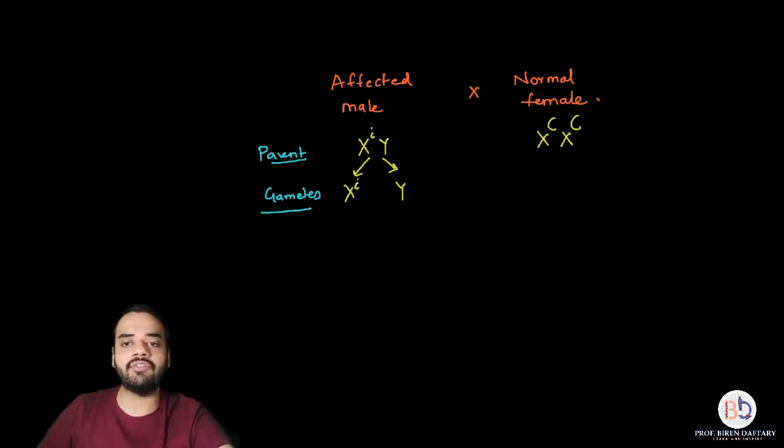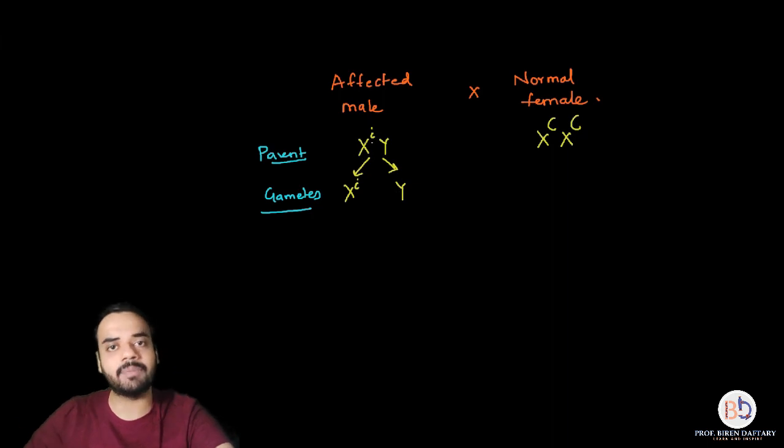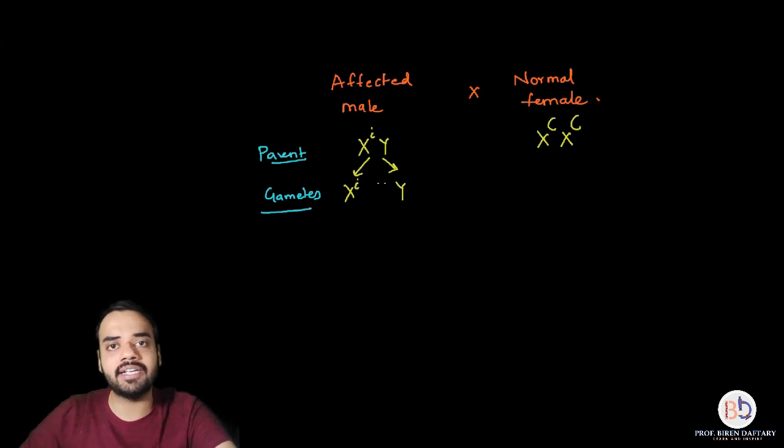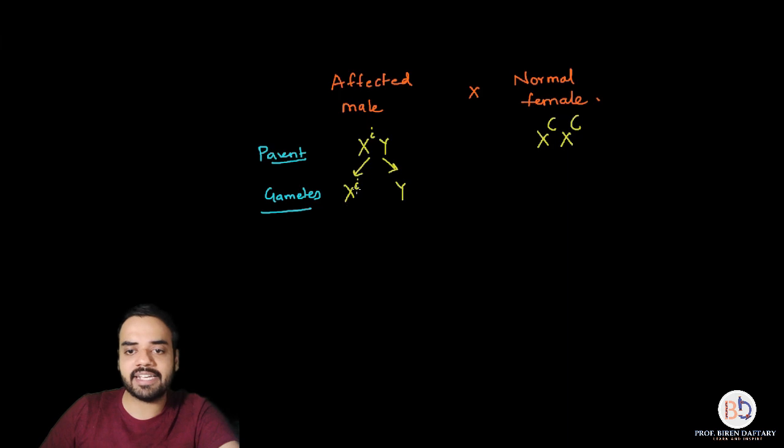So over here, if I am writing down two chromosomes to represent an individual, in case of gametes, I will just halve it, right? So it will become X small c or Y. That is the logic behind writing down half the number of chromosomes as gametes, right? So two gametes, X small c or Y, and in case of female, both will be the same, X capital C, the other one will be X capital C.